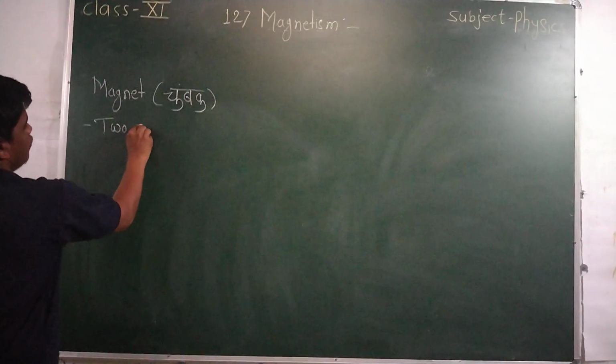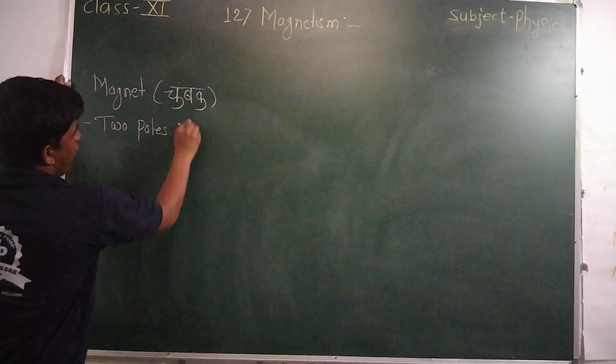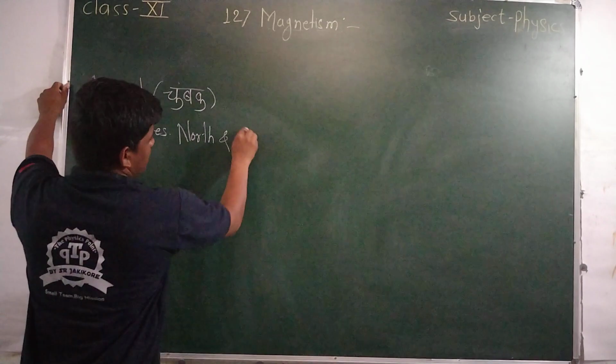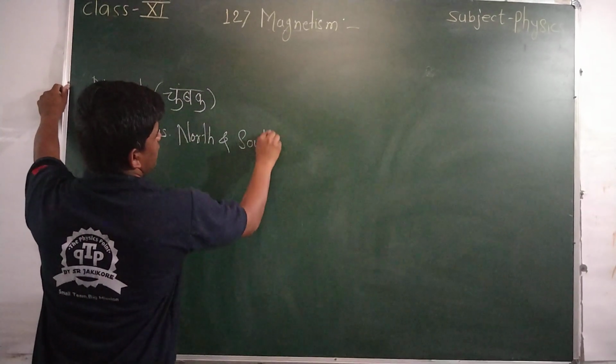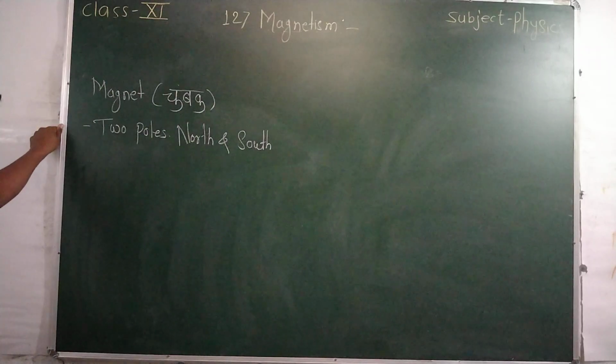Magnets have two poles, that is north and south poles. They have mainly two poles, north and south.